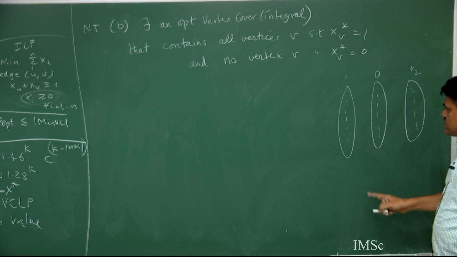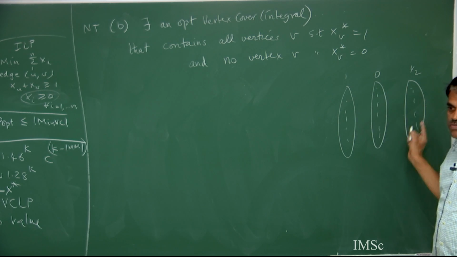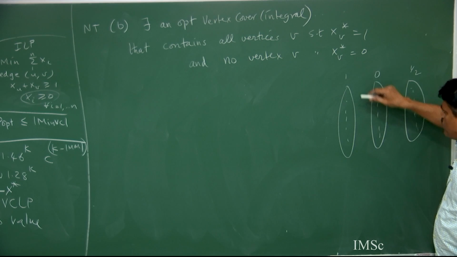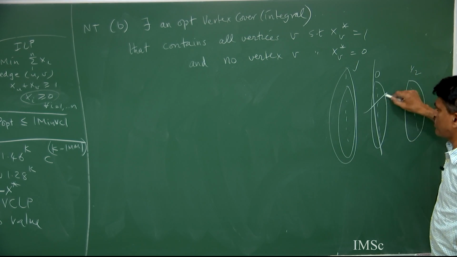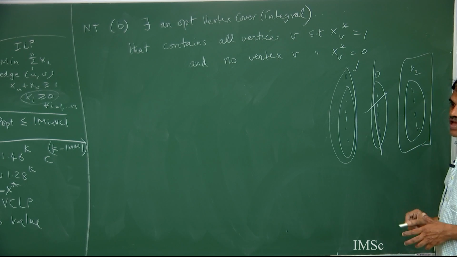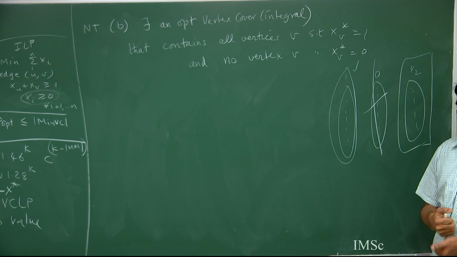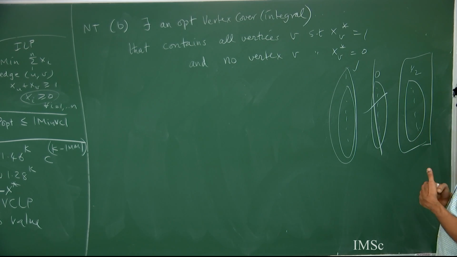What we argued is that this partition forms a crown, so we can include all of this into my solution, throw away all of this and work on this remaining graph, and this actually gave us a 2k sized kernel for vertex cover, right. In that process we showed this.